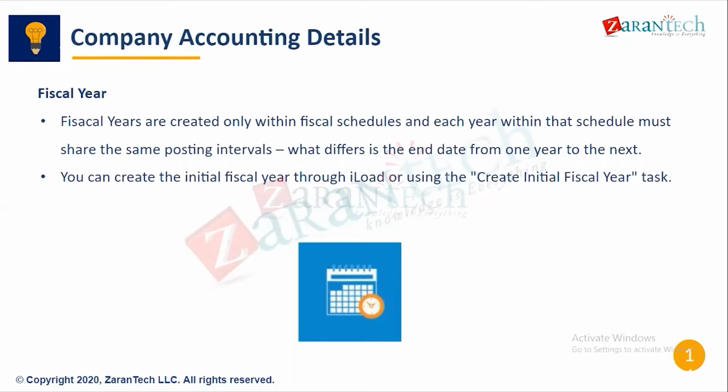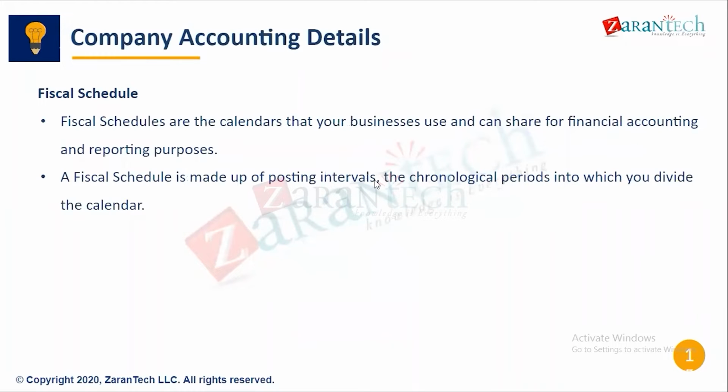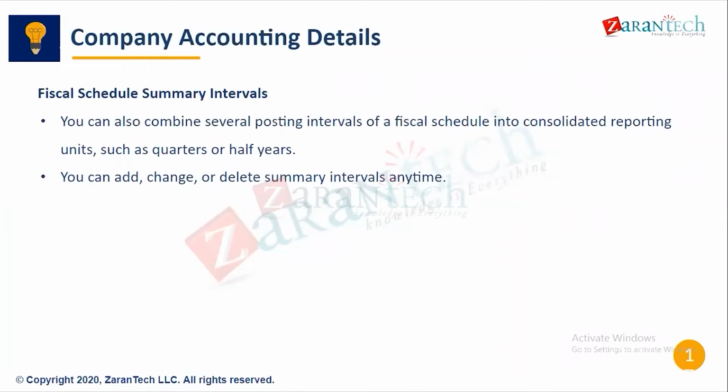Then suddenly I realize that this period was missed, because in the iLoad I missed mentioning it, or I defined it manually. The system won't allow you to edit the posting intervals under the fiscal schedule. So you have to be very careful with the posting intervals.